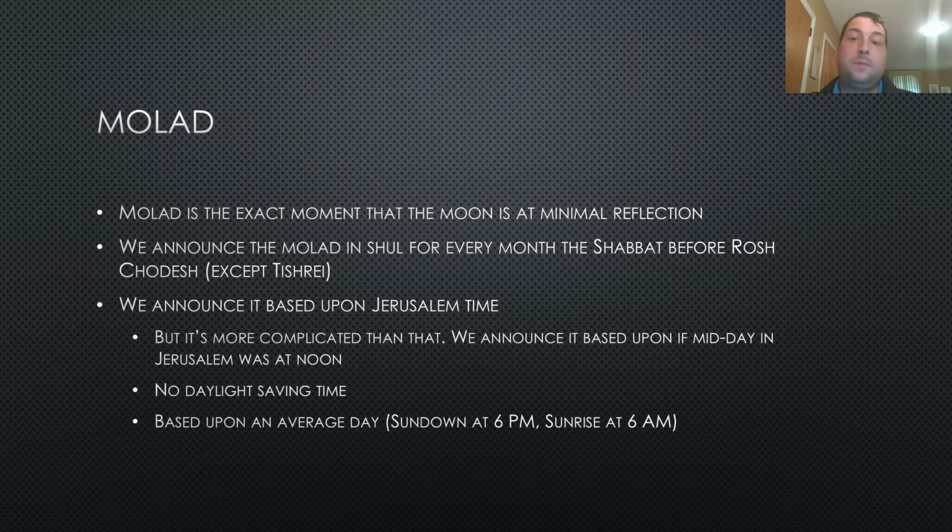We actually based it upon the idea that midday in Jerusalem was at noon, but midday in Jerusalem is not really at noon, because Jerusalem is very far east in its time zone, which means that actually midday in Jerusalem on standard time is at about 11:40, and it doesn't account for daylight saving time, and it's based on exactly a 12-hour day. That means sundown at 6 p.m. and sunrise at 6 a.m., all of which never actually happen.